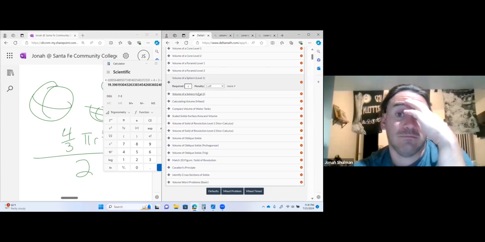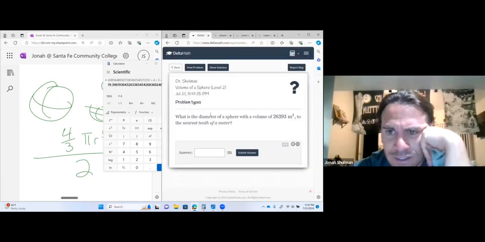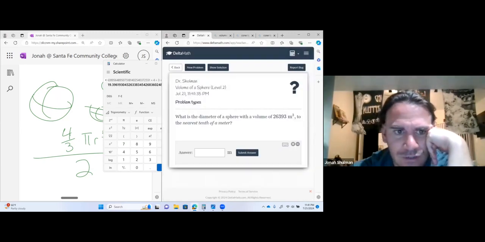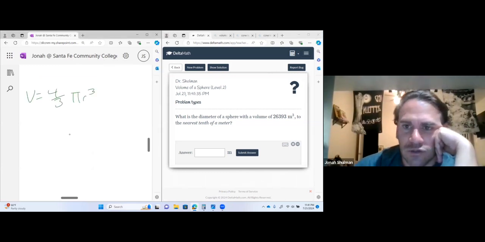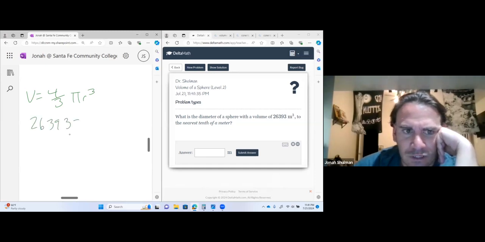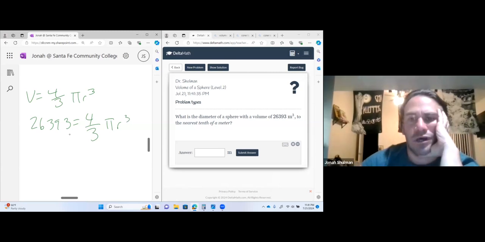All right, let's step it up to level 2. What is the diameter of a sphere? Okay, so it's the same thing, just backwards. Volume equals 4/3 pi r cubed. We have the volume, 26393 equals 4/3 pi r cubed. Let's get rid of the 4/3 first. So instead of dividing by 4/3, we're just going to multiply it by its reciprocal.